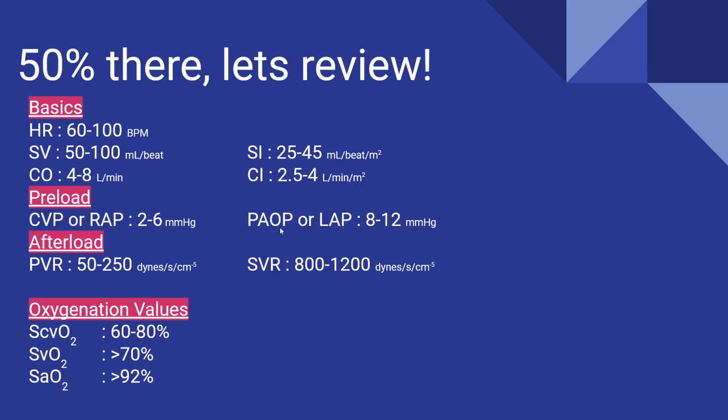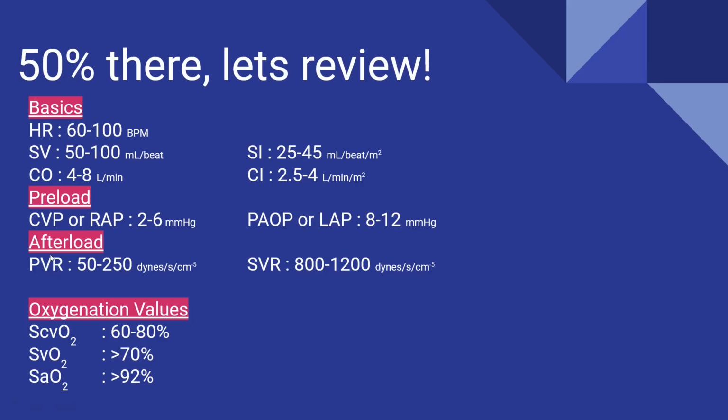Now this, it'll probably say PAOP or PCWP, pulmonary artery occlusion pressure or pulmonary capillary wedge pressure. It's just the same term, two different abbreviations. And we know that should be higher than the CVP, so 8 to 12. And then afterload, how much are we pushing against?